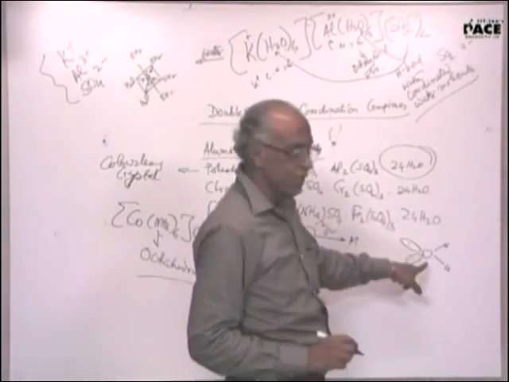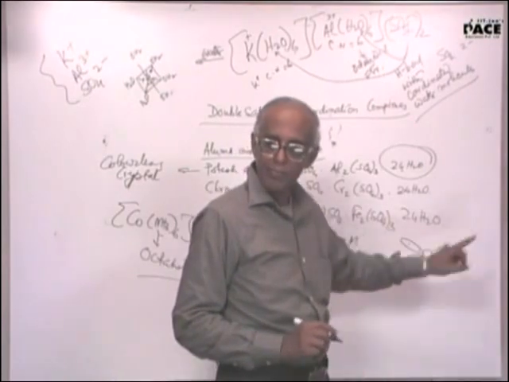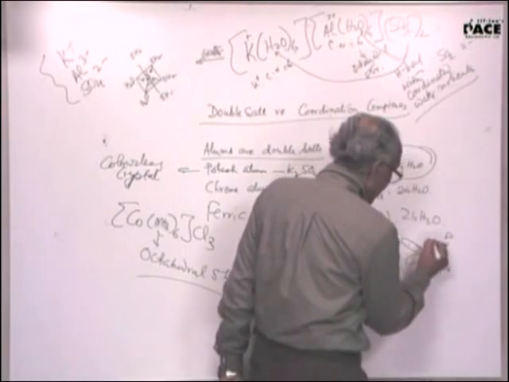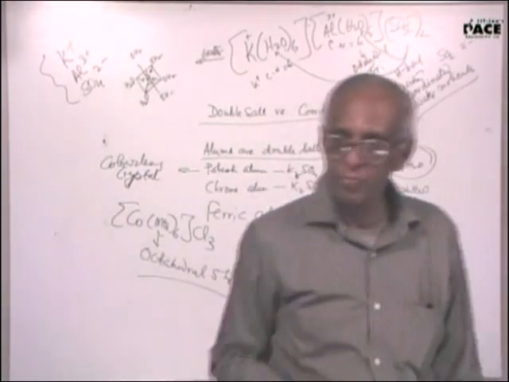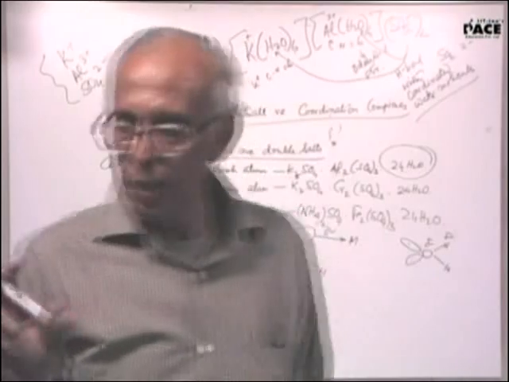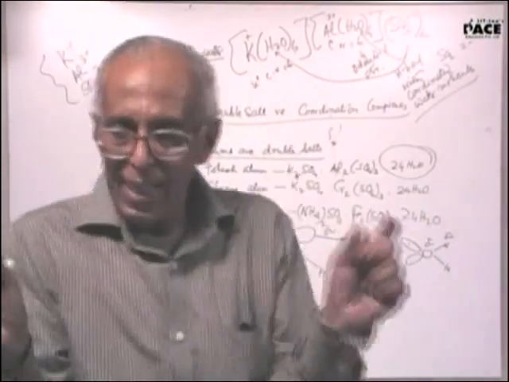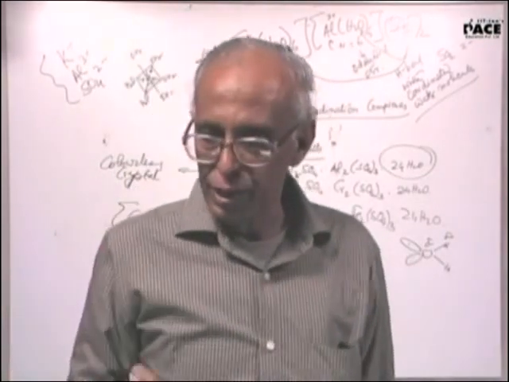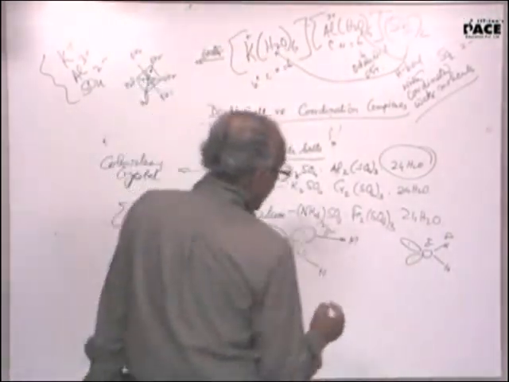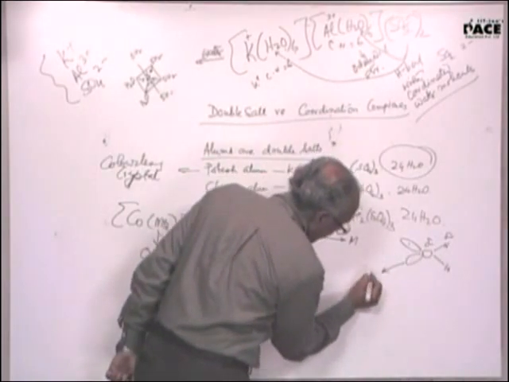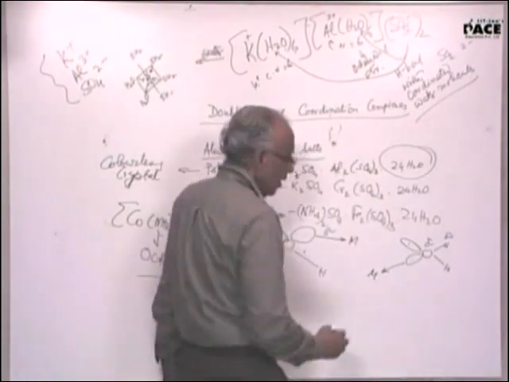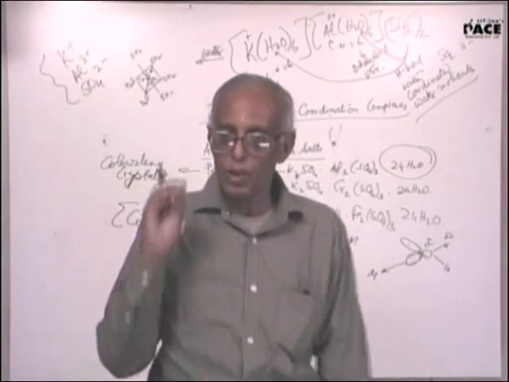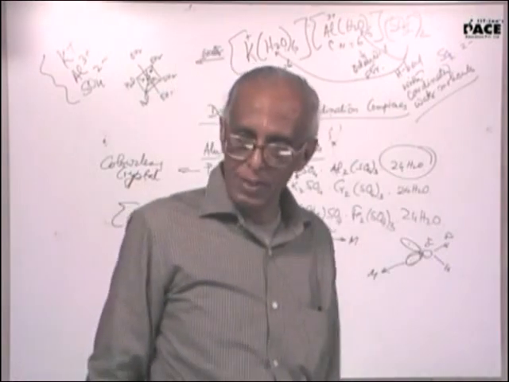First of all, oxygen is more electronegative than hydrogen. So the O-H bond is polar covalent. So already some delta positive charge is developed on hydrogen. Now, when it coordinates to the metal, oxygen has given a pair of electrons to the metal.